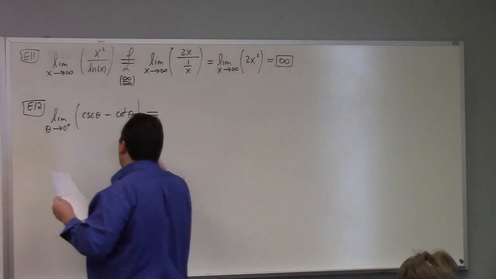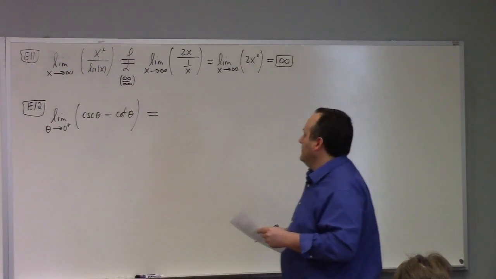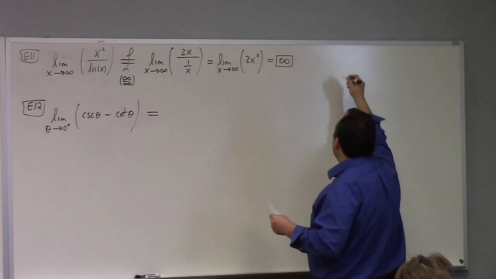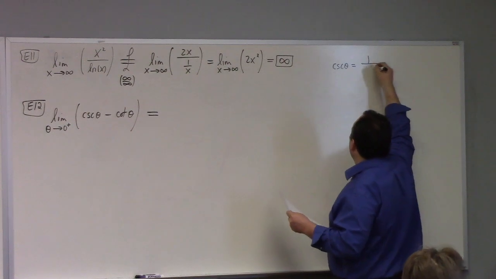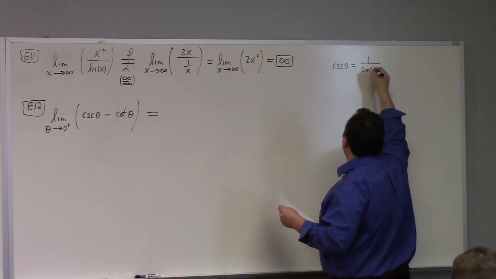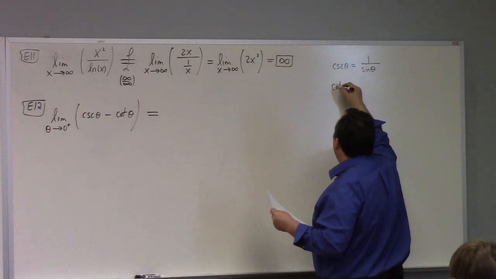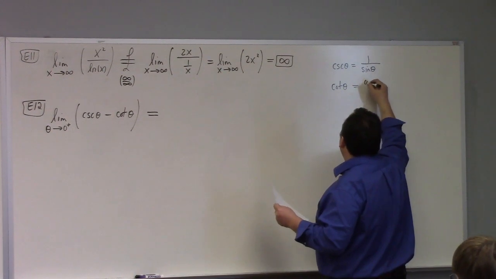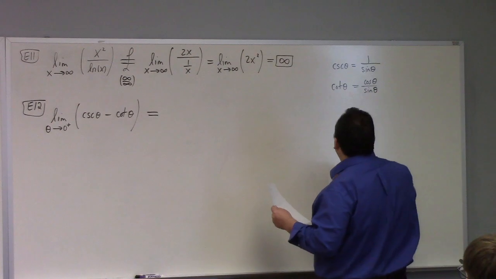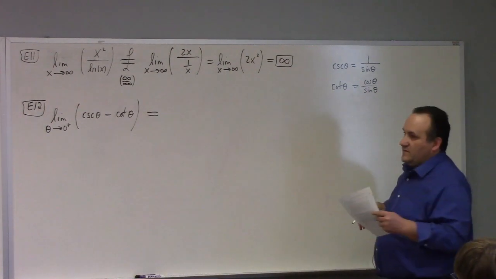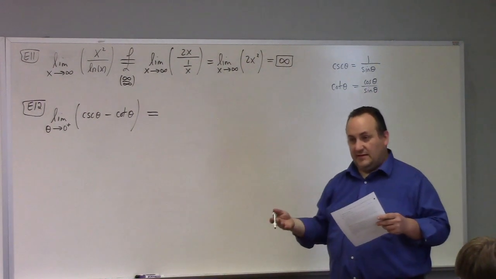I should remind you guys, cosecant is 1 over sine theta, and cotangent is cosine over sine theta, right? So both of these functions have a division by sine theta.